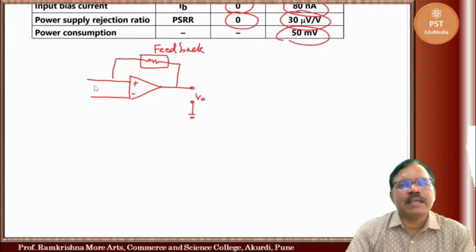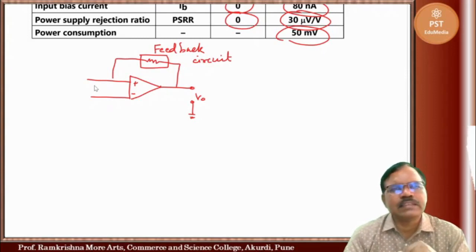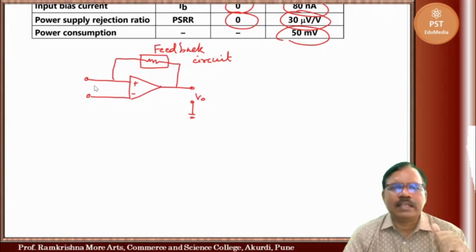Now it can be a single resistance, it can be a capacitor, or a combination of capacitor and resistances. Part of the output can be fed back to the non-inverting terminal or it can be fed back to the inverting terminal.